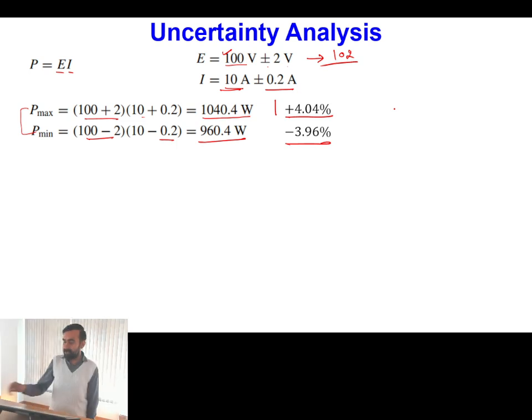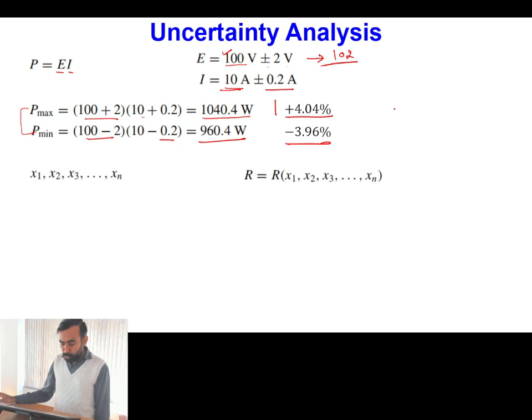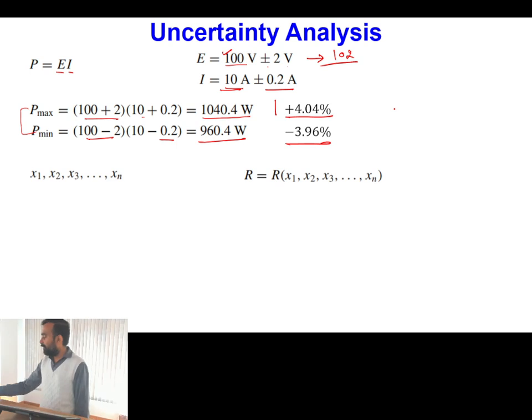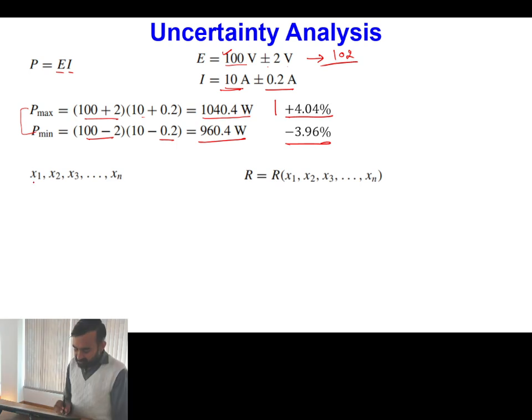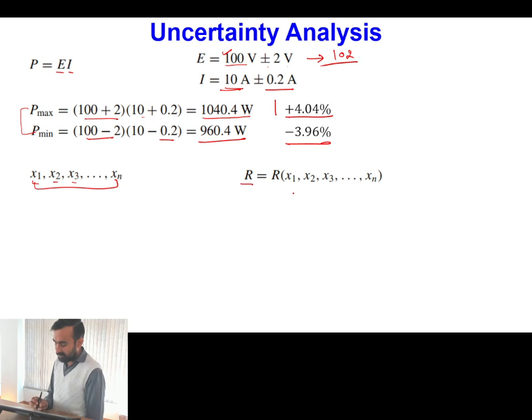So that's why, to truly measure the uncertainty, what is typically done, we consider that x1, x2, xn are our primary measured quantities, and R is our resultant, which is a function of all the primary measured quantities x1, x2, x3.